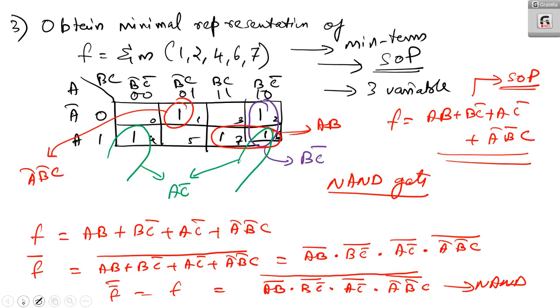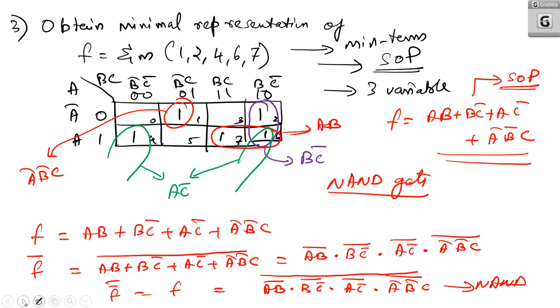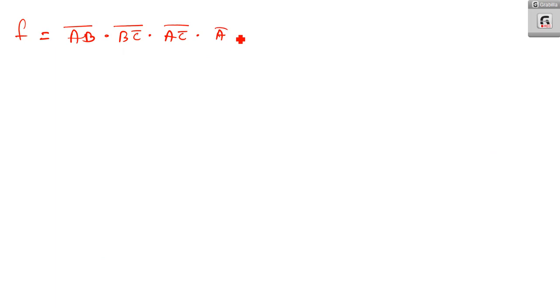So I can rewrite F as AB whole bar dot BC bar whole bar dot AC bar whole bar dot A bar B bar C whole bar, taking the whole bar, that is F. So this is the basic NAND form representation.